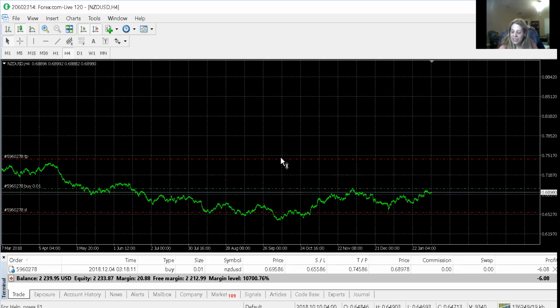And as soon as this trade goes into profit, then I will actually be moving my stop loss over my entry price so that regardless of if it goes down again, I won't lose that profit. It's a win-win-win situation.